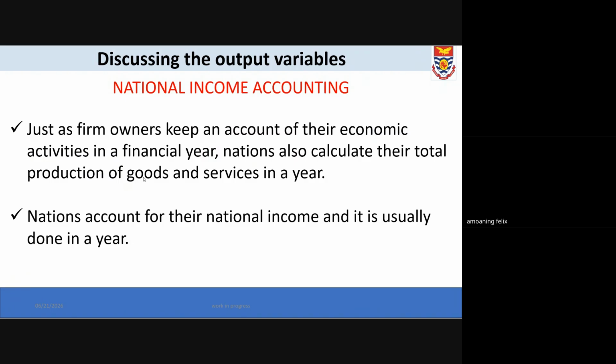There are the various national income terminologies: the GDP, the real GDP, the nominal GDP, the GDP deflator. We'll also be looking at the net national product, net national income, and others as we progress.